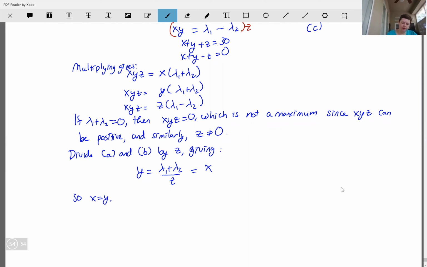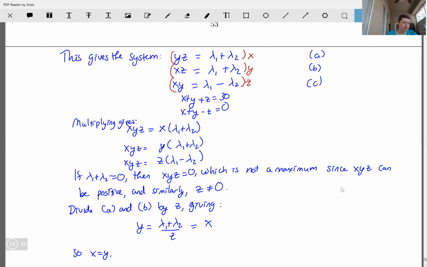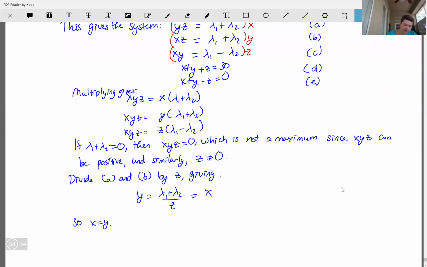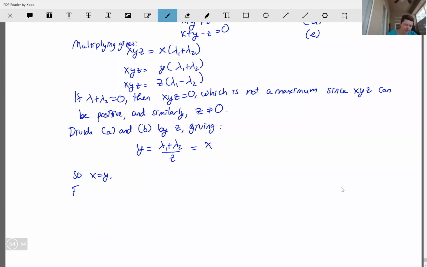All right, now I will call the constraints D and E. From E, we have z is equal to x plus y, but that's just 2x.